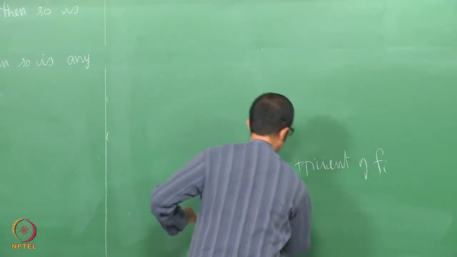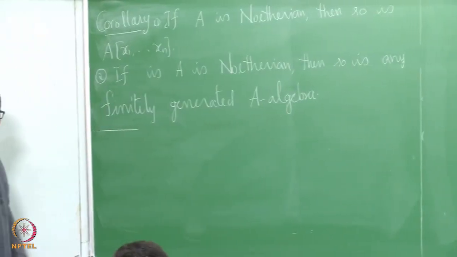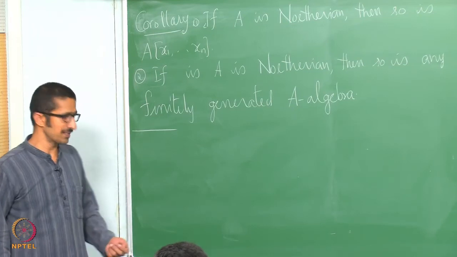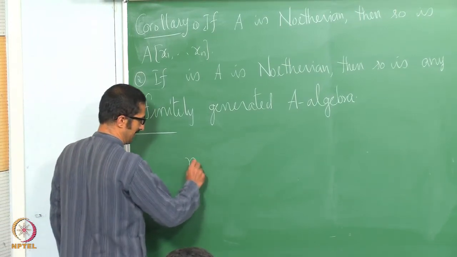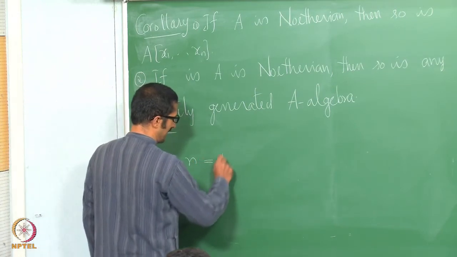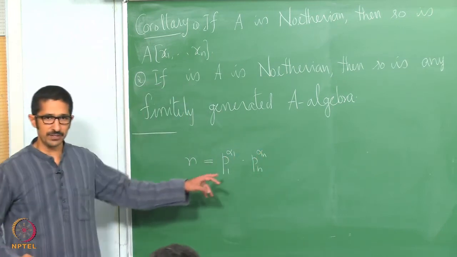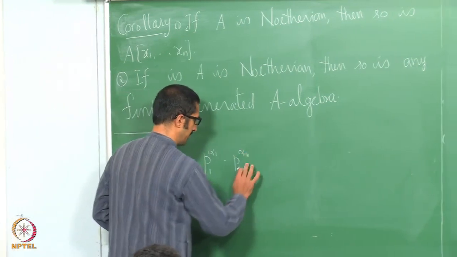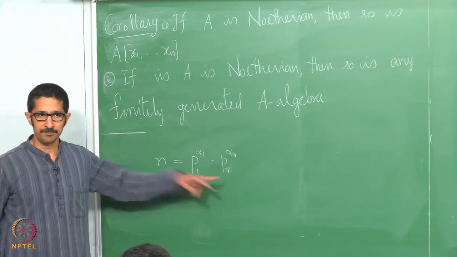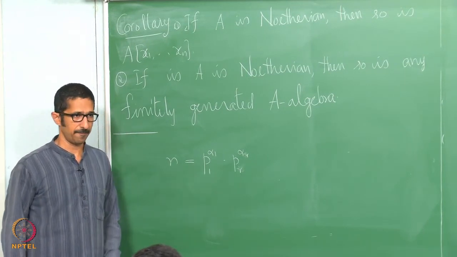In Z, or even in any UFD, when we want to talk about analogues, we always start with Z. In Z, if you take any integer n, I can write this as p1 power alpha 1 up to pr power alpha r, where p1, ..., pr are distinct primes. That means it has a unique prime decomposition.